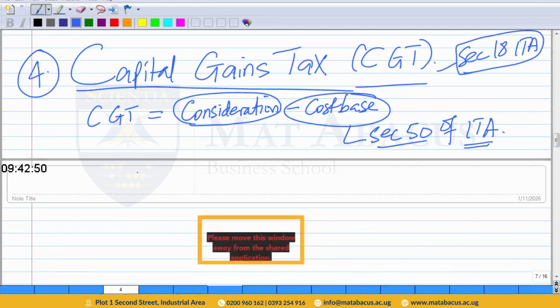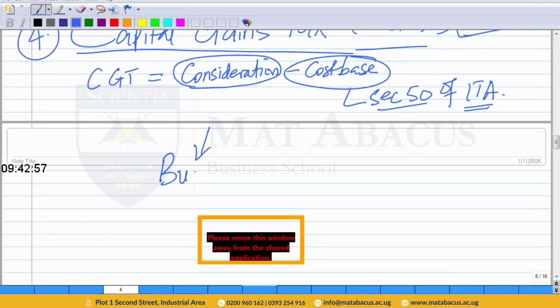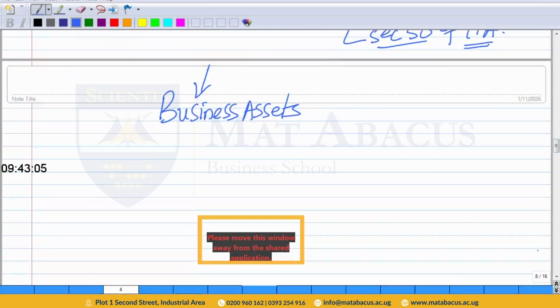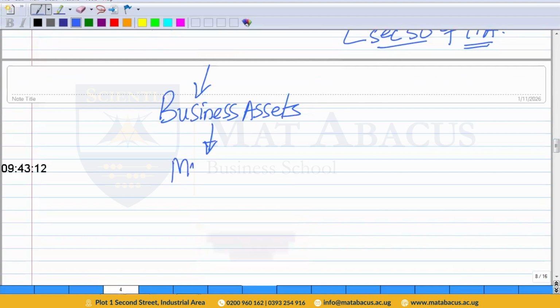It is tax charged on business assets, and some assets, like motor vehicles.